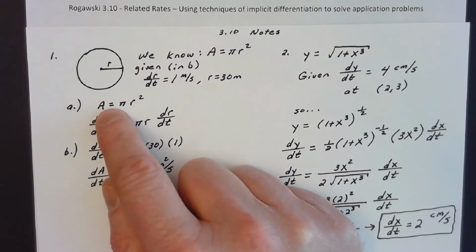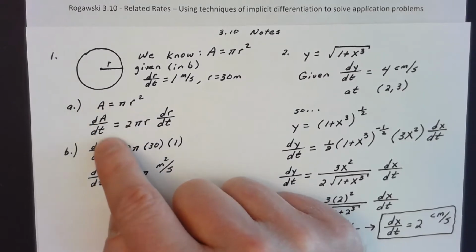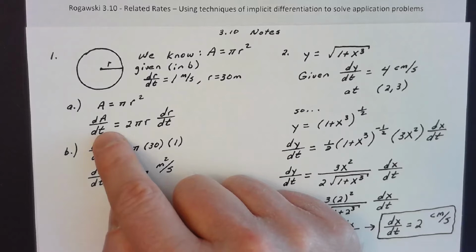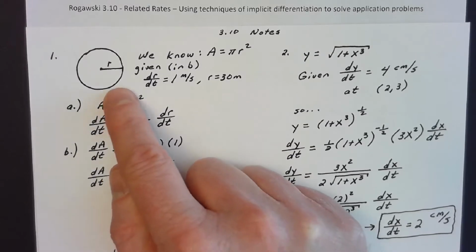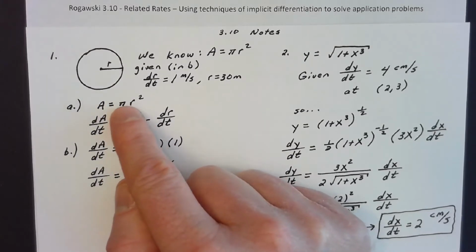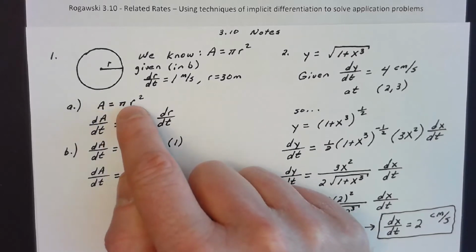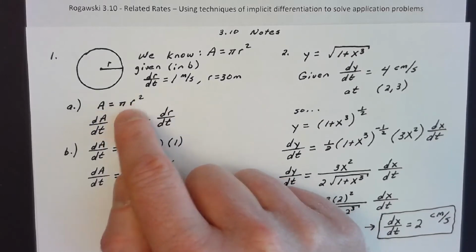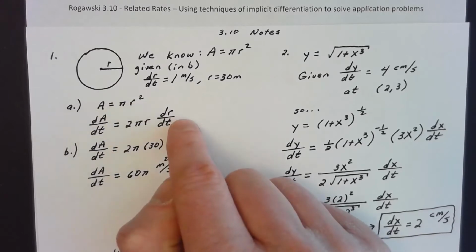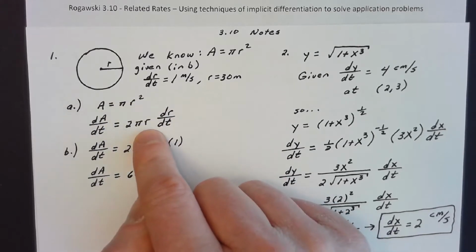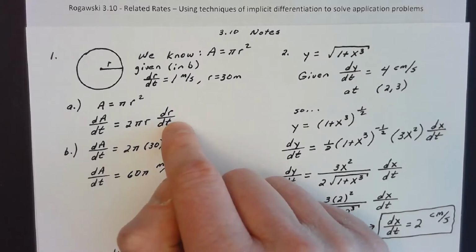The derivative of area with respect to time is simply dA/dt. On the right-hand side, think of r as being inside of a group. The 2 comes down in front, times r to the first, times the derivative of the inside, which is dr/dt. So the derivative of the right-hand side is 2 pi r dr/dt.